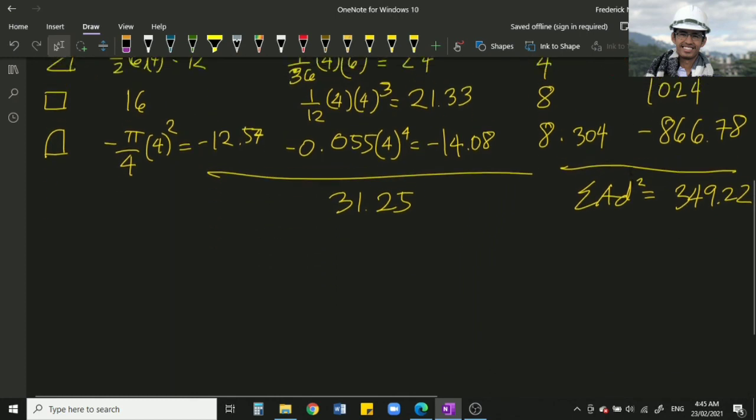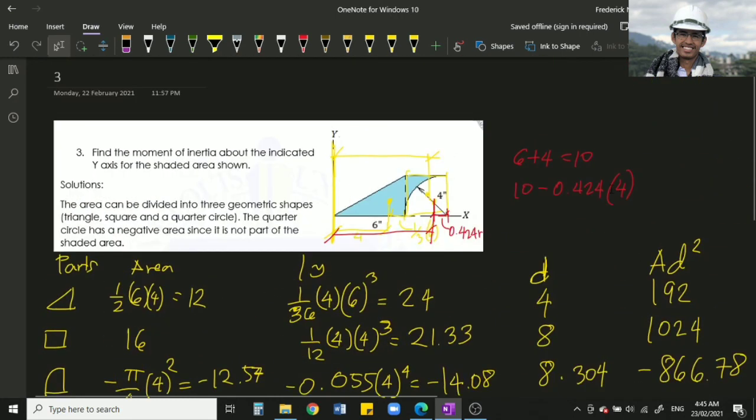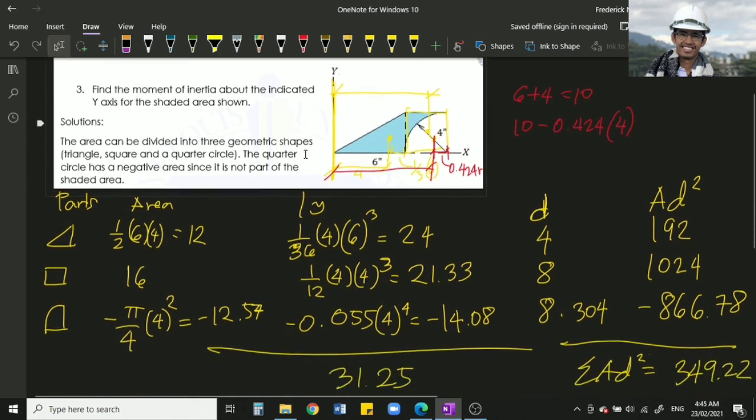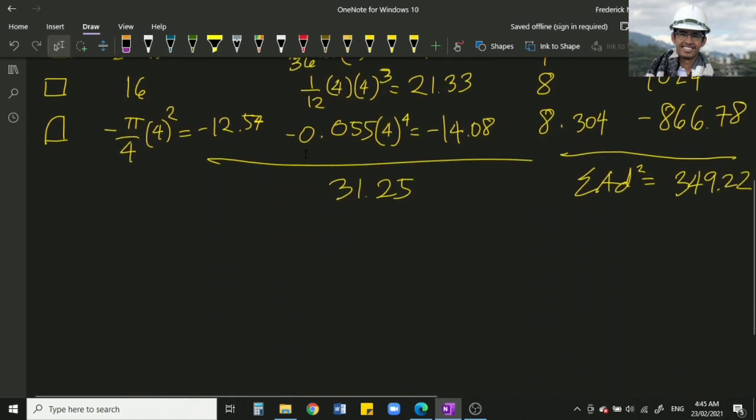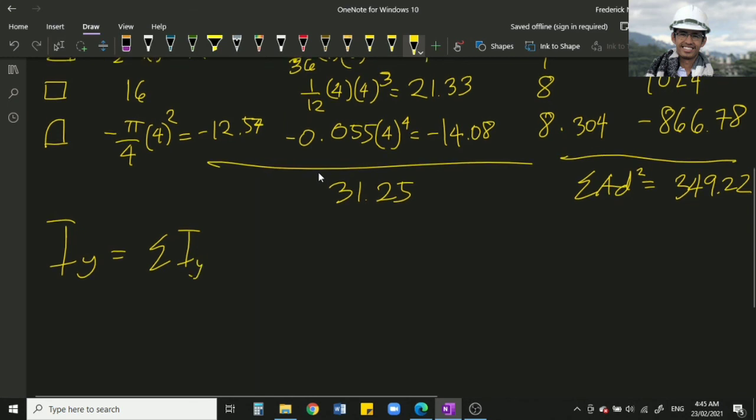So therefore, yung moment of inertia natin about dun sa y-axis. So yung moment of inertia with respect to y-axis is equal to summation ng I nung kanya-kanyang mga parts. So summation ng Iy natin plus summation ng ating Ad squared.